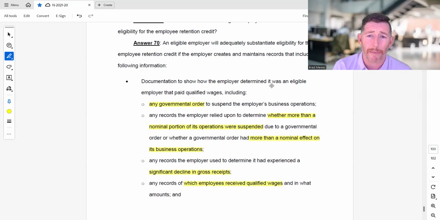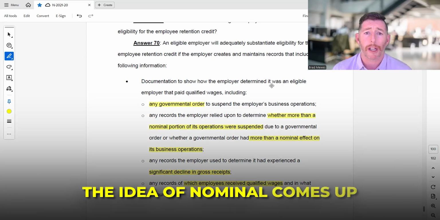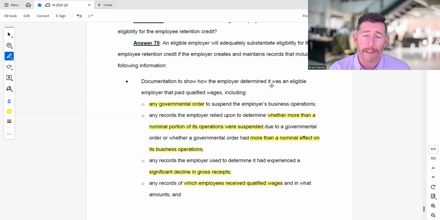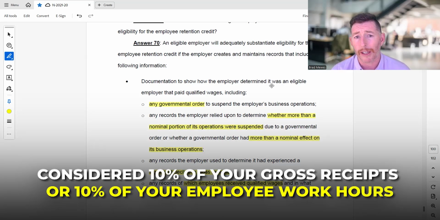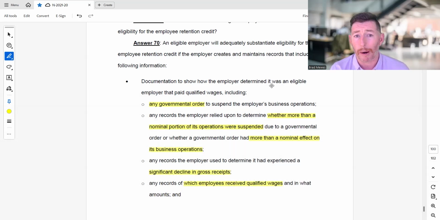Interestingly enough, there's not much discussion on a nominal effect on operations, but clearly these are two separate ideas. Throughout Notice 2021-20, the idea of nominal generally goes back to this 10% standard. A nominal portion of operations is considered 10% of your gross receipts or 10% of your employee work hours. So that would be more than a nominal portion.